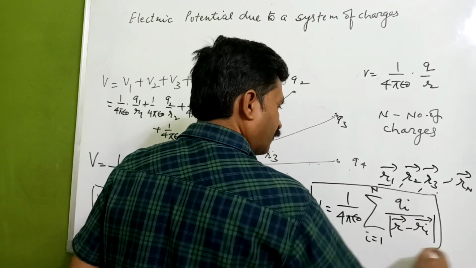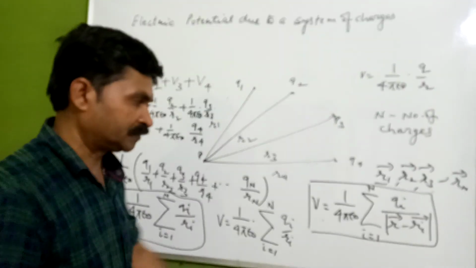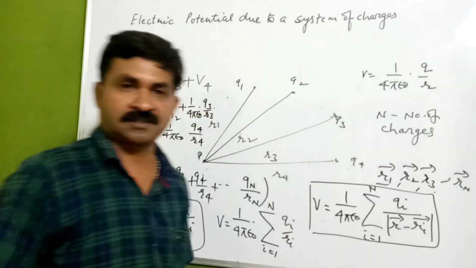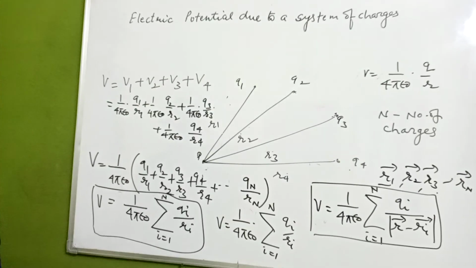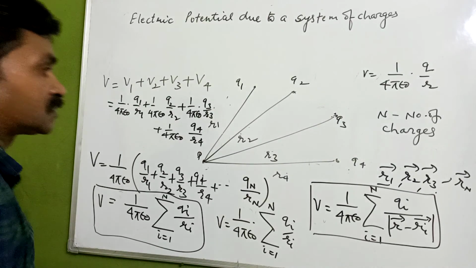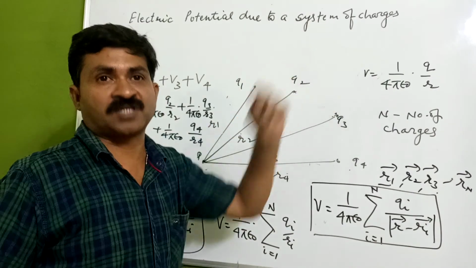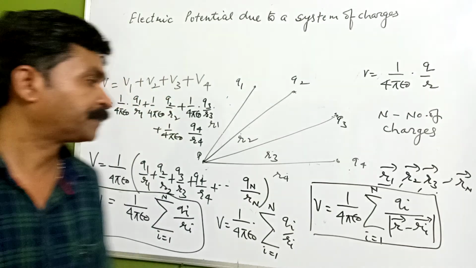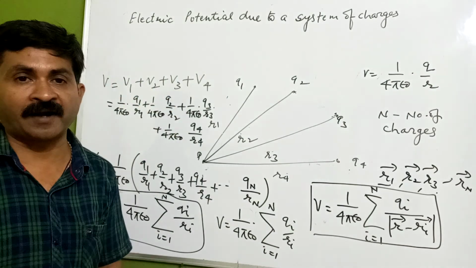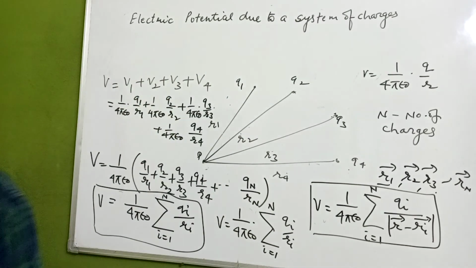So this will be in the vector form. So we can have the electric potential due to a system of charges, not just a single point charge. This way we can determine and calculate it.